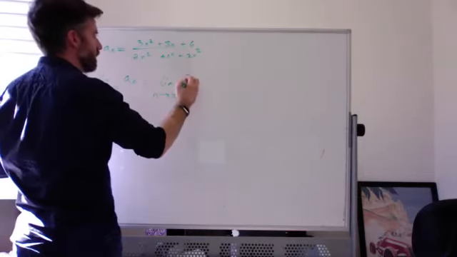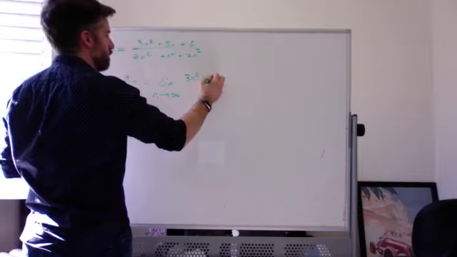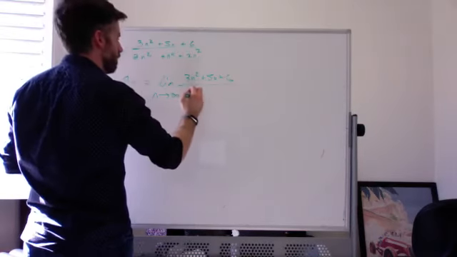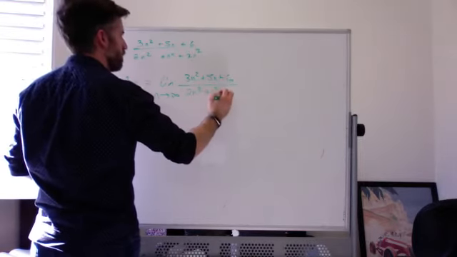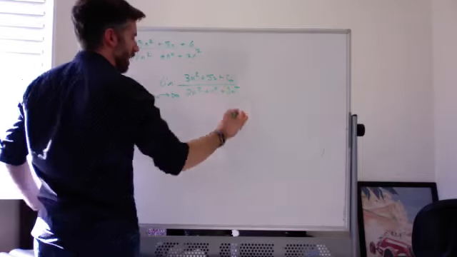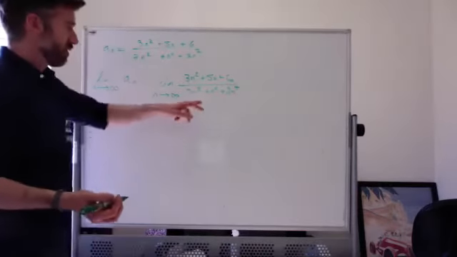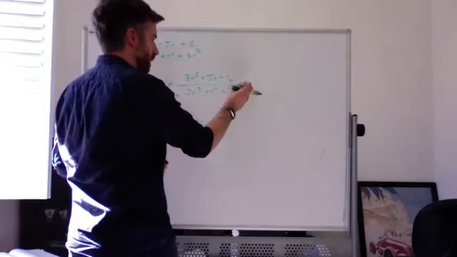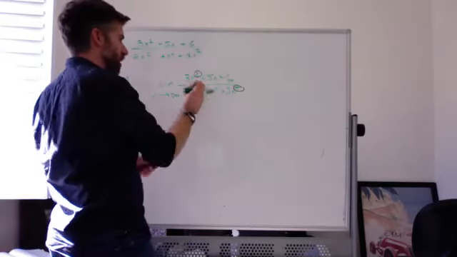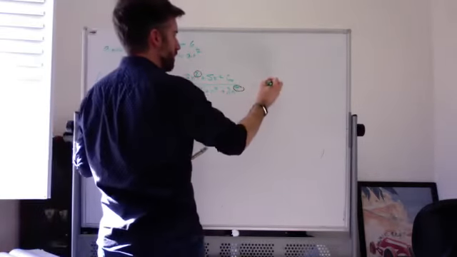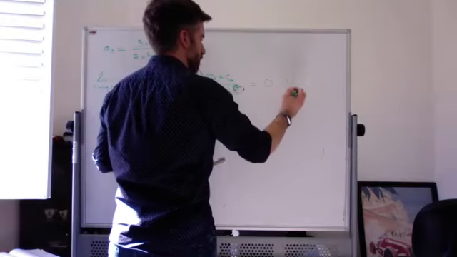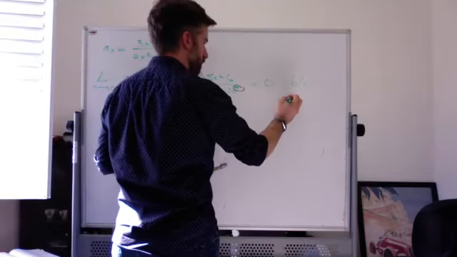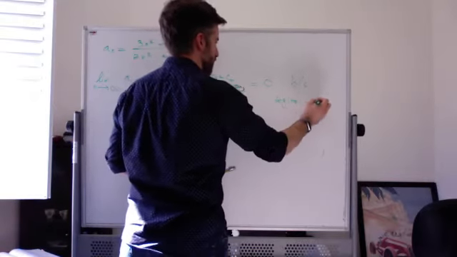And for problems like this, I think that's all you really have to say. If the degree on the bottom is larger, there's your degree 7 on the bottom, degree 2 on the top, this is going to be 0 because the degree of the top is less than the degree of the bottom.